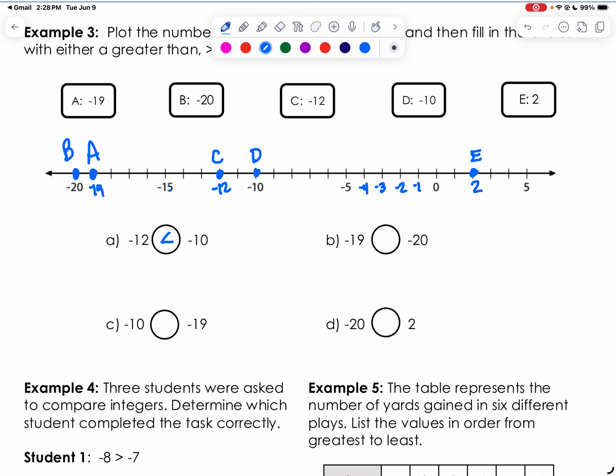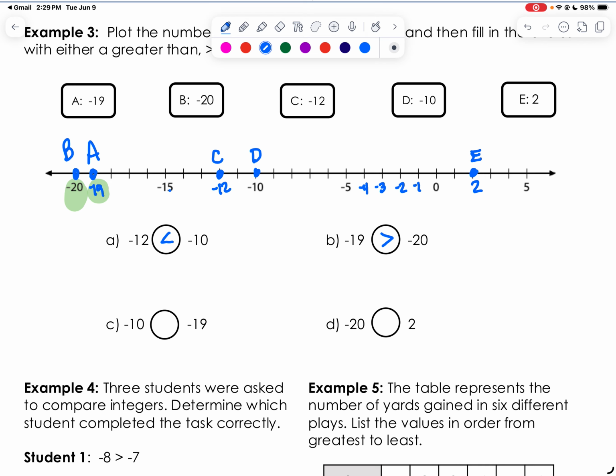All right. In problem B, we're comparing -19 to -20. Does -19 lie to the left of -20 or to the right? Because it lies to the right, it is greater than. So negative 19 is greater than negative 20 because it lies to the right of negative 20.